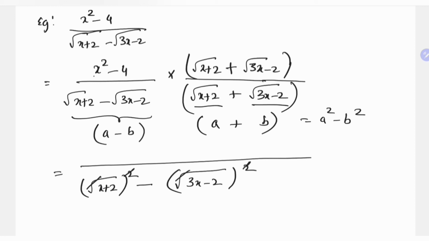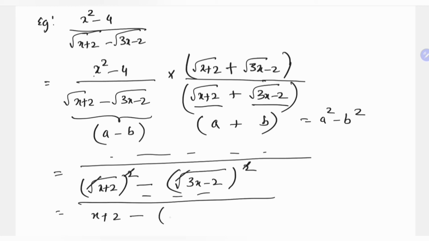So we are going to get, I'm not going to write the numerator because I just want to explain the technique of rationalization. So something will be there in the numerator. Denominator is going to be x plus 2 minus 3x minus 2, which is x minus 3x is minus 2x and 2 plus 2 is plus 4, right?